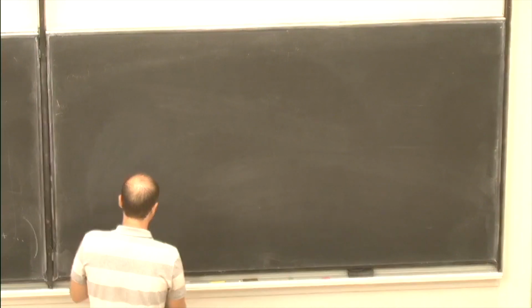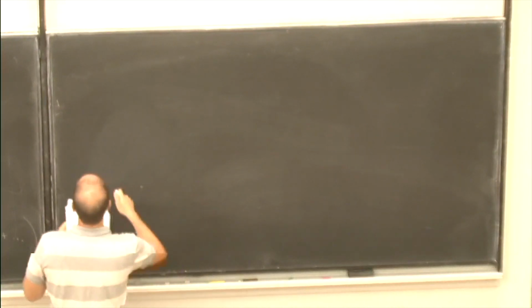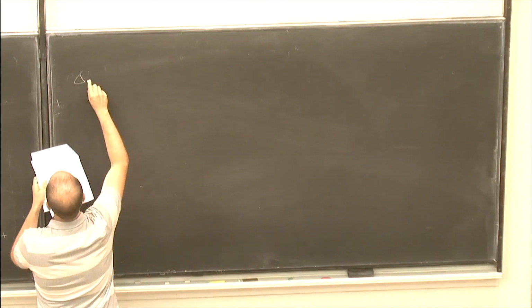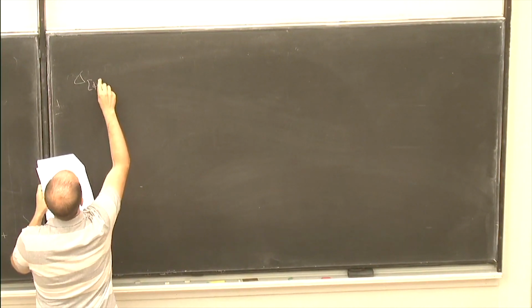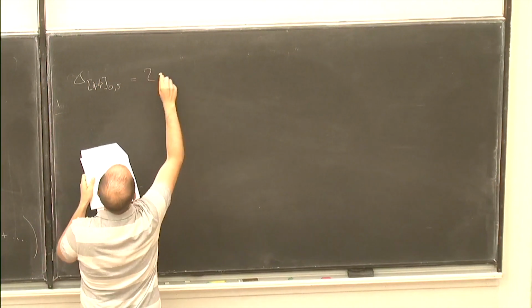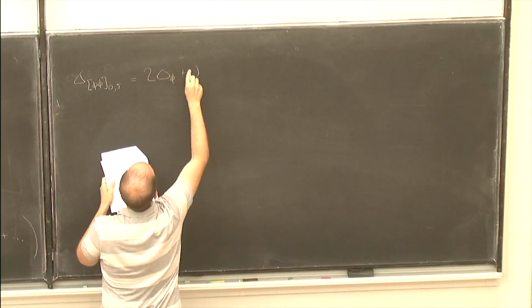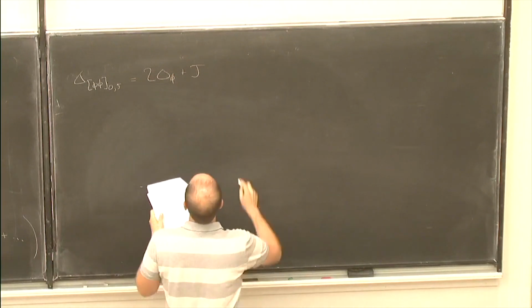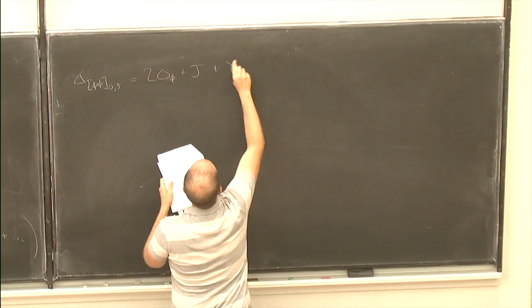So the idea is that we'll assume that these double twist operators have some anomalous dimension. So their dimensions are equal to 2 delta phi plus j, that's the thing we needed to reproduce the unit operator, plus some gamma of j.